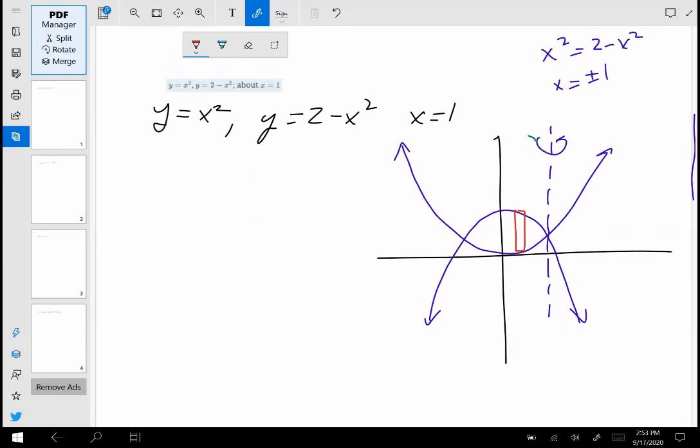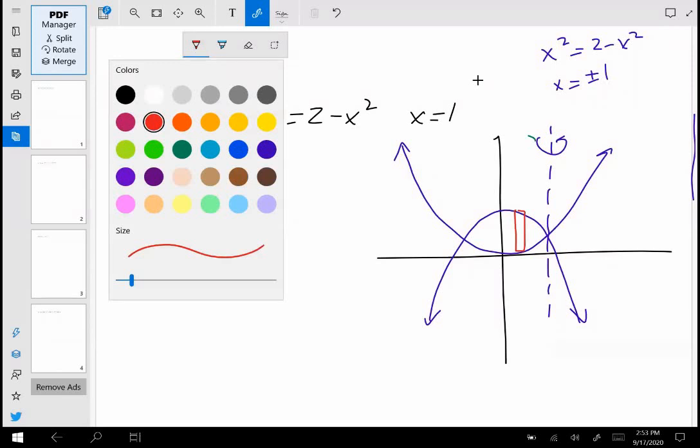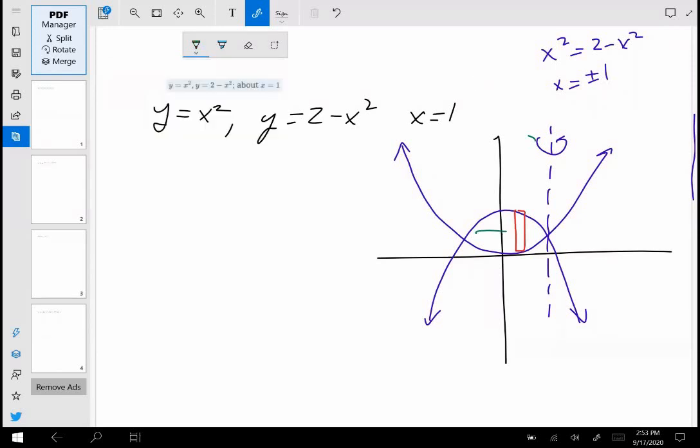So it might be an easier setup than the disk method, because with the disk method, if I set my rectangle up going sideways, here I'm going to have a top half and a bottom half. Then I'm going to have to worry about on the top half, my rectangle goes between the function and itself.